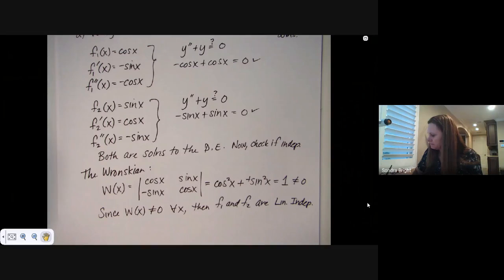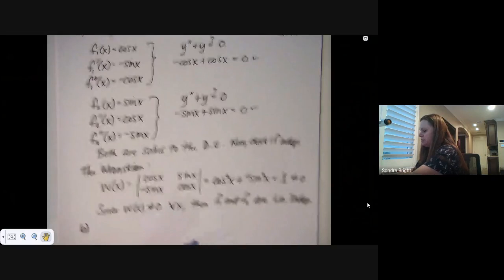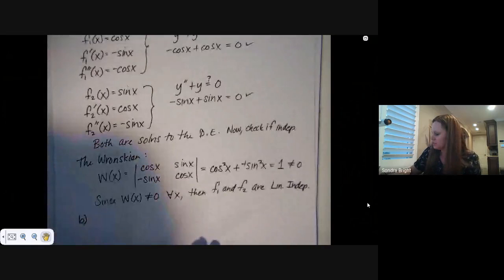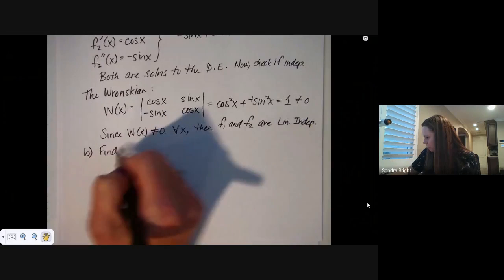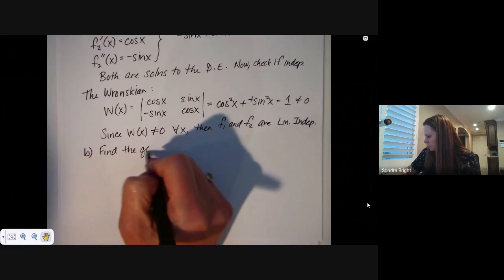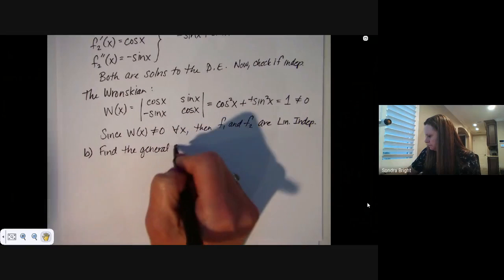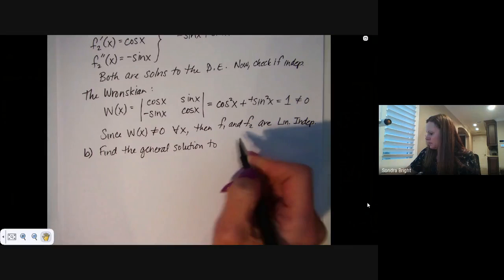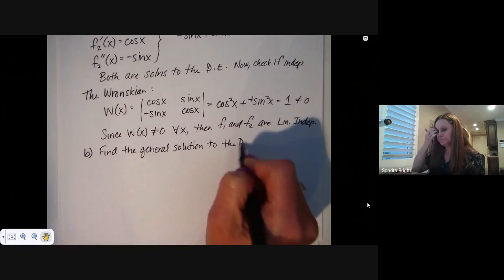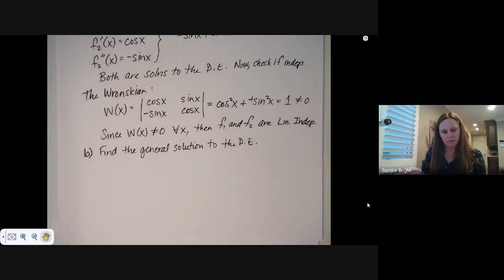Part B of this example now wants us to find the general solution to the differential equation.